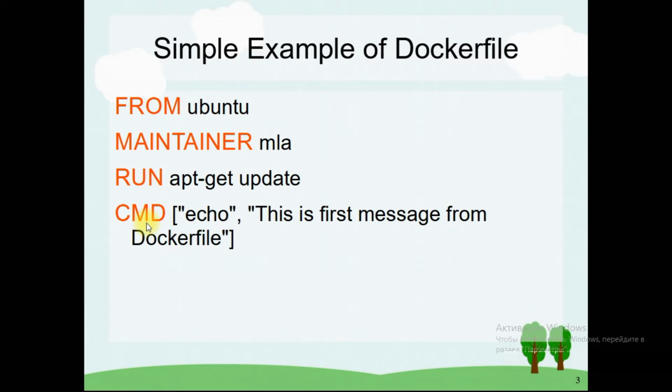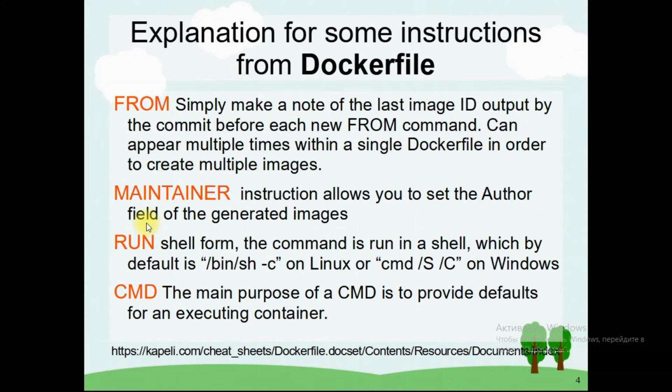Let's understand what these instructions do and why they are needed. FROM simply makes a note of the last image ID output by the commit before each new FROM command. It can appear multiple times within a single Dockerfile in order to create multiple images.